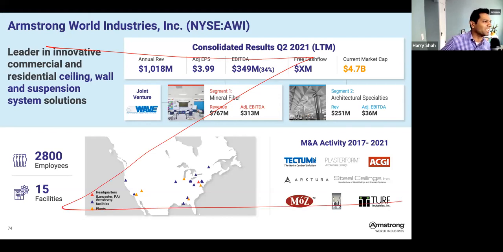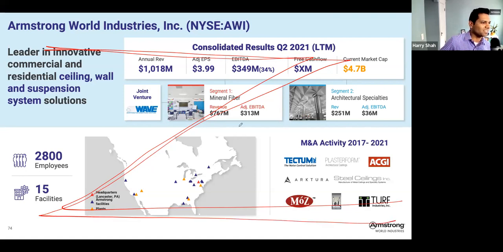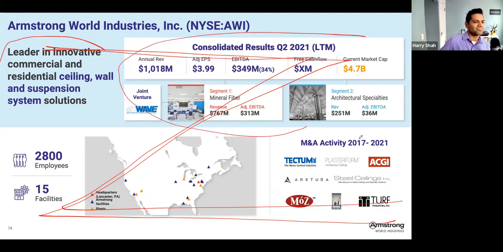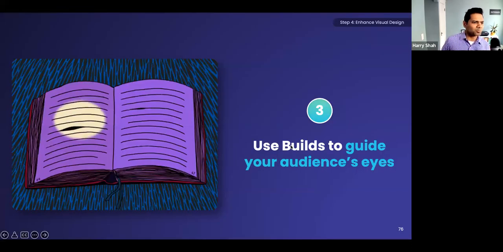They're always looking at top left, they go right, then they go bottom left, then they go bottom right. So can you arrange this slide in a way, and can you vary some of the things using colors, fonts, so that people are first paying attention here, then they pay attention here, and finally here. Yeah, so that's a pretty cool principle.